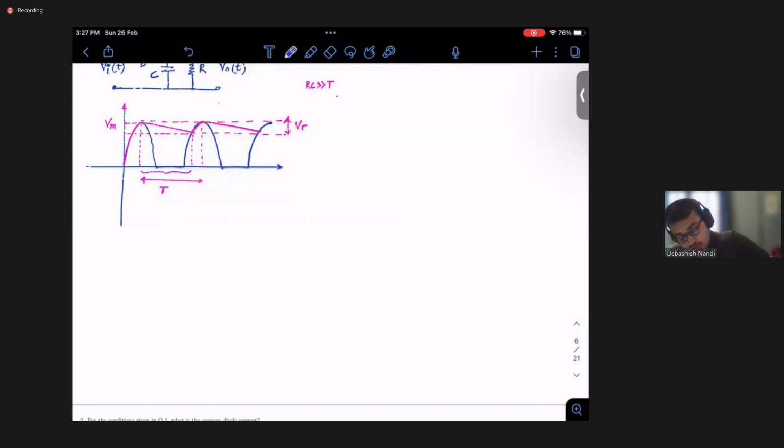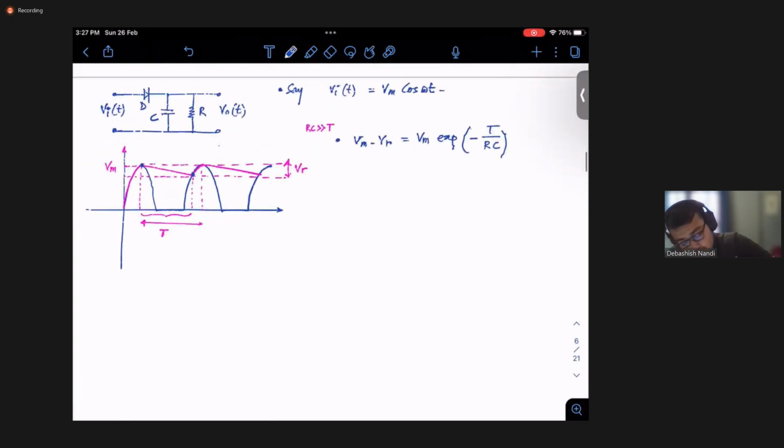So now what will this value be? This Vm minus Vr will be your Vm exponential minus T by RC. How did I write this equation?